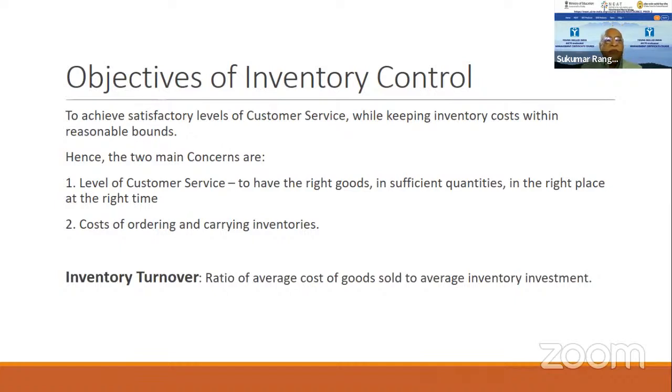Which brings us to a very important terminology, what we call the inventory turnover. If you have read the case which was given to you today, that company initially had almost 1:1, 1:1.4 or something in the first year of operation, and by the third year of operation it went up to 1:3 point something.